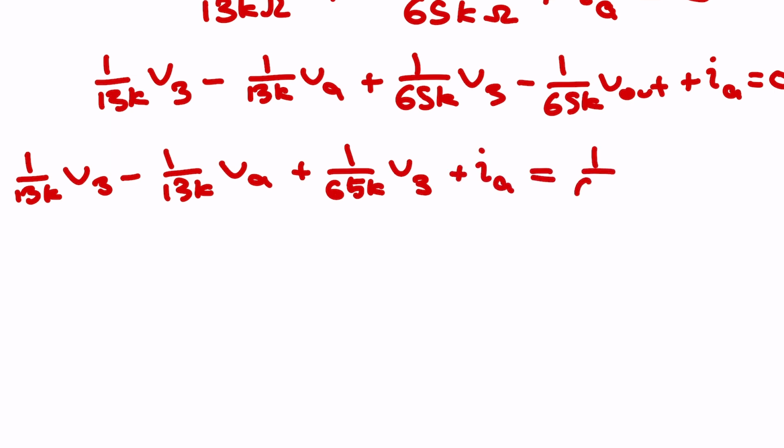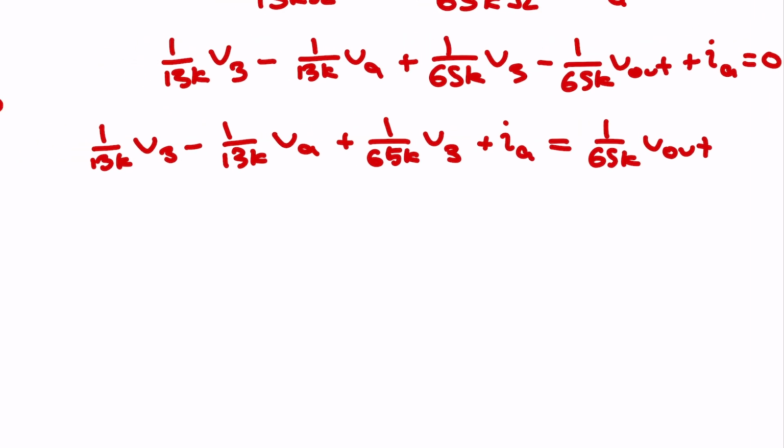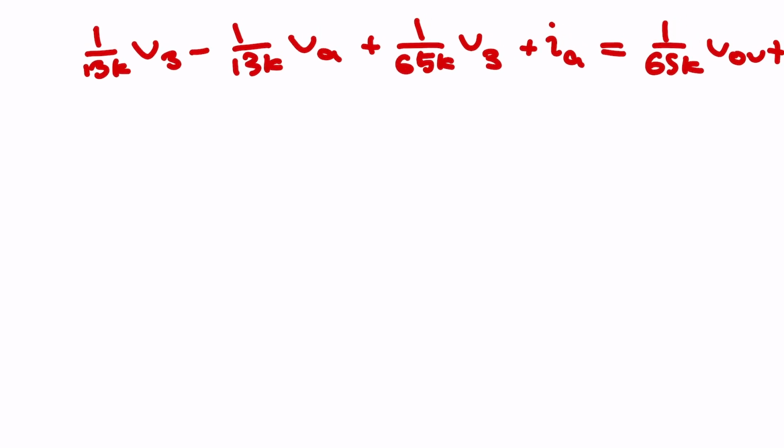All right, now you see we have this in the denominator. So now we can multiply all of this by 65K. All right, so let's do that. And specifically kilo ohms is what we're multiplying by because we need to get that in voltage. So let's do that.